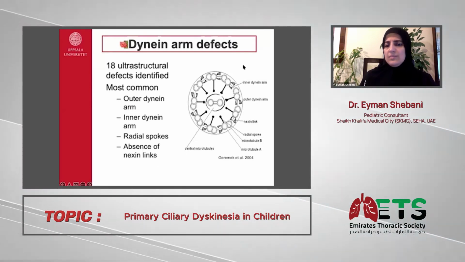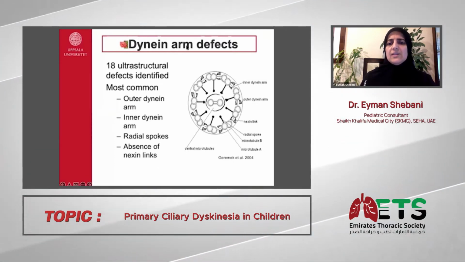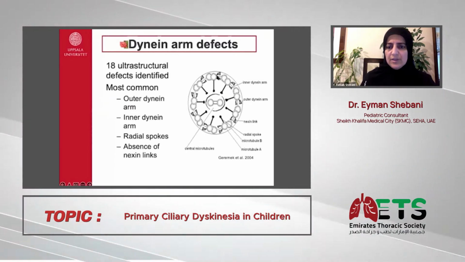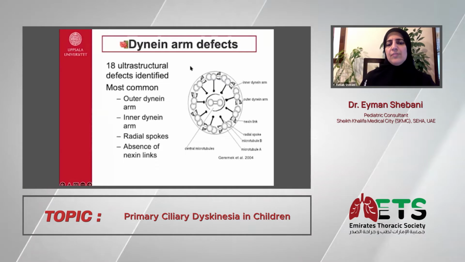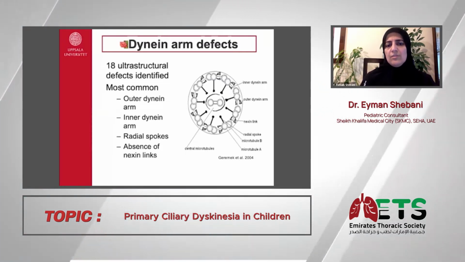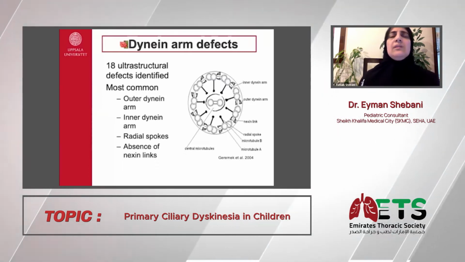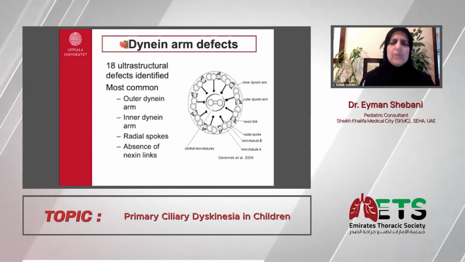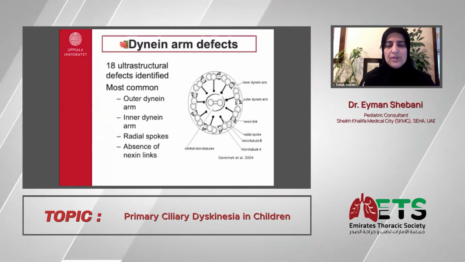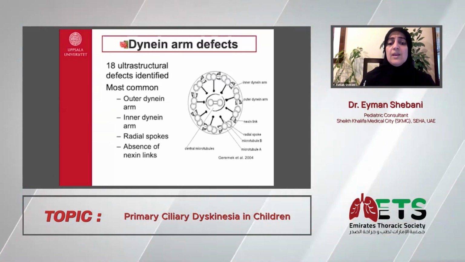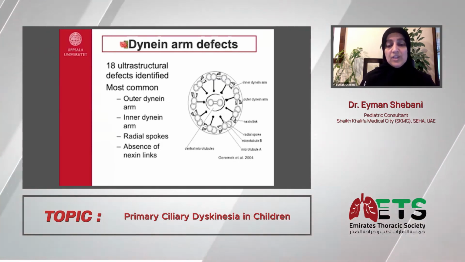So where does the problem lie? We said it's a congenital disorder. Usually the defect is in the dynein arms. And as I showed you earlier, here are the dynein arms. You have the outer and the inner. And there are so many defects that have been identified that are more diagnostic, because over the last maybe 10 to 20 years, the diagnosis has shifted from ultrastructure diagnosis with transmission electron microscopy, which was the gold standard, to genetic testing.